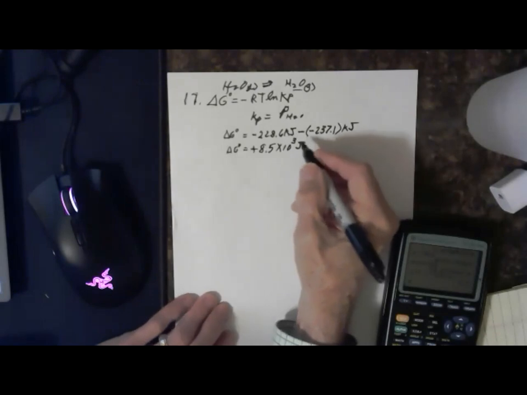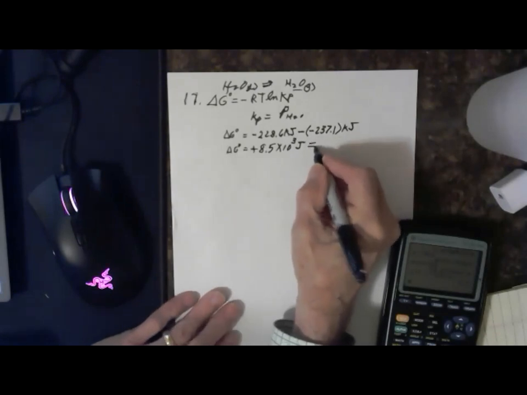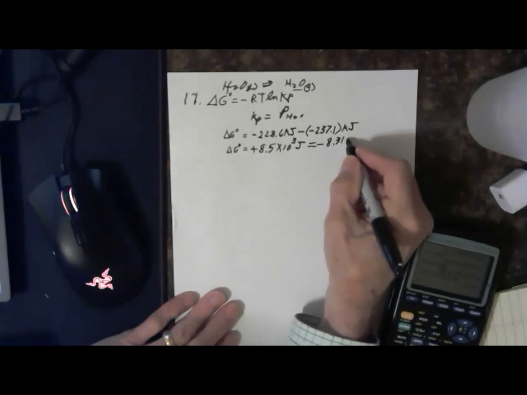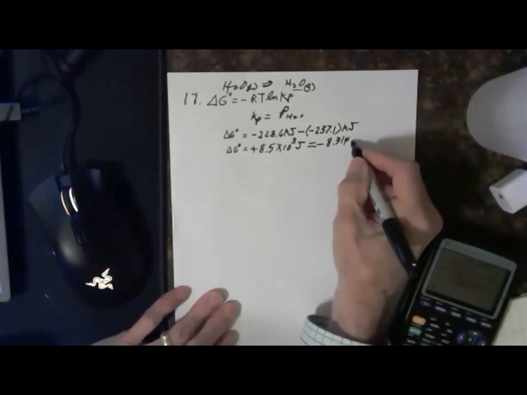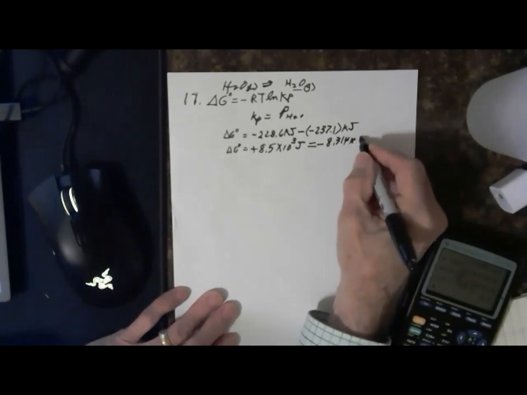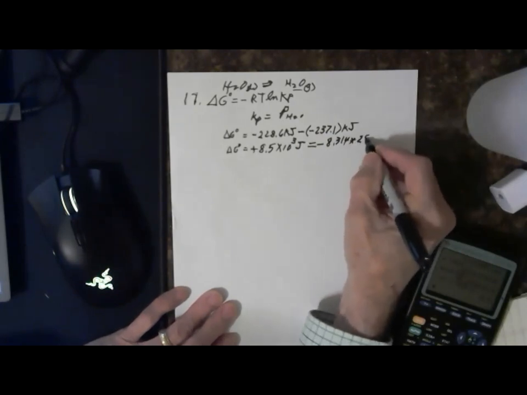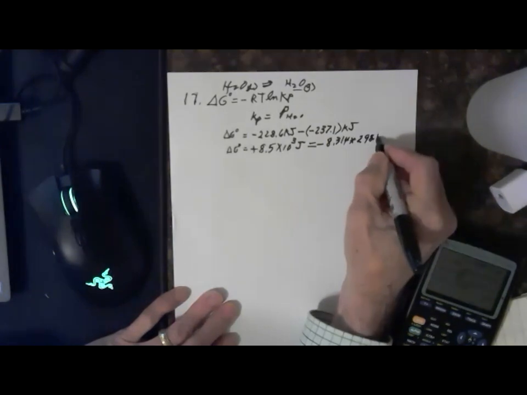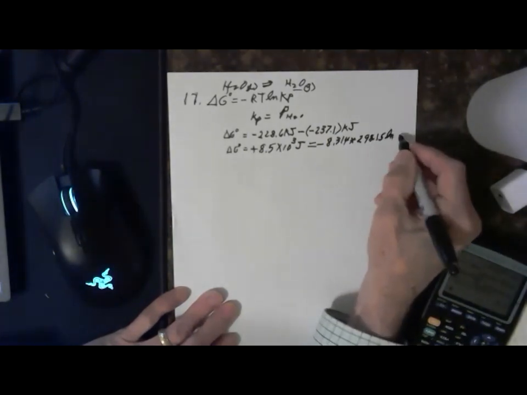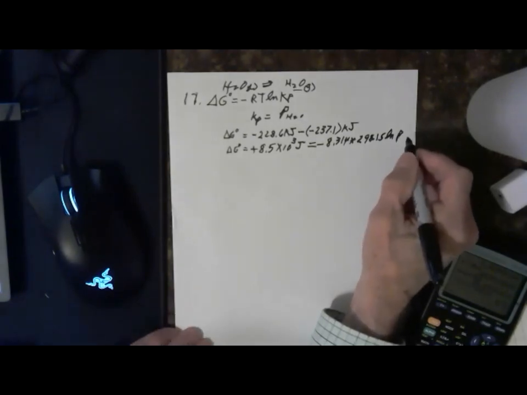I wrote it that way because we have to now set this equal to minus 8.314 joules per mole per Kelvin times the temperature, which for 25 is 298.15, and then times the log of the vapor pressure of the water.